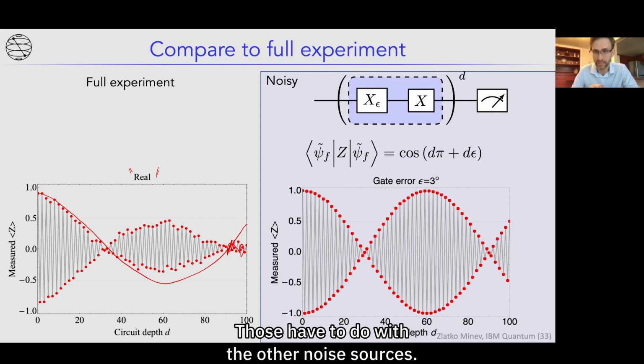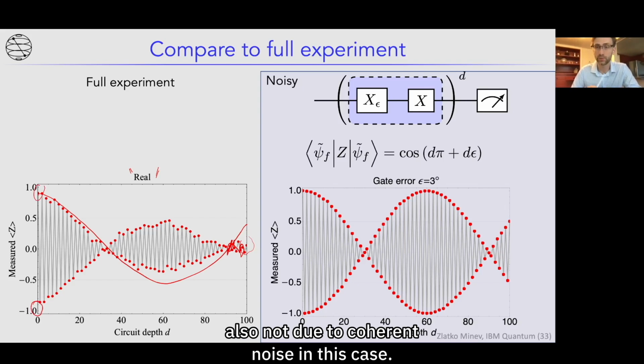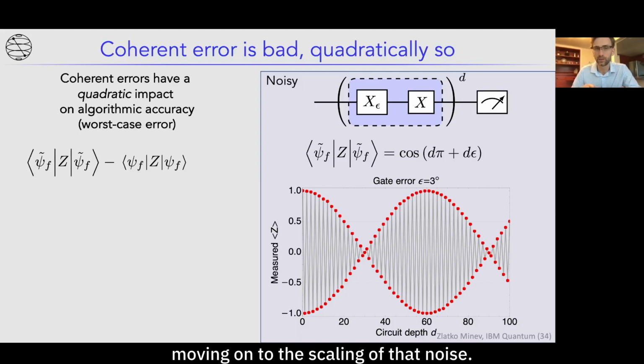Those have to do with the other noise sources. Notice that we do not start nor end at +1 or -1, also not due to coherent noise in this case. Those features are due to the other noise sources. Okay, with that, moving on to the scaling of that noise.